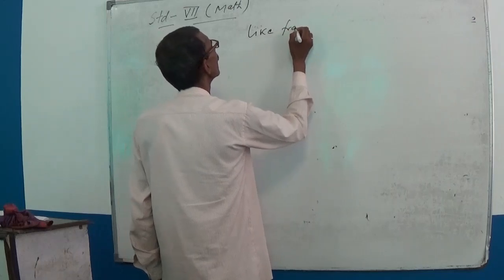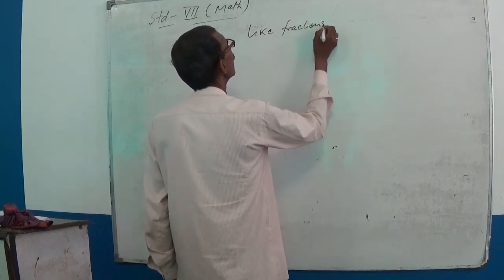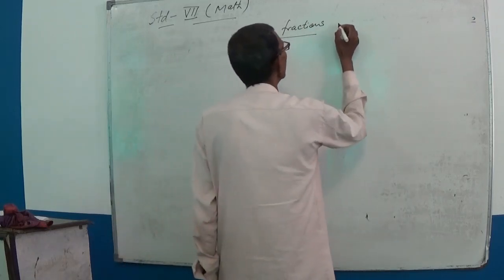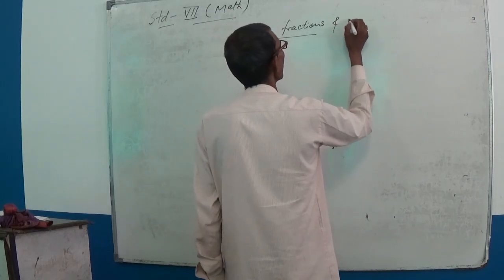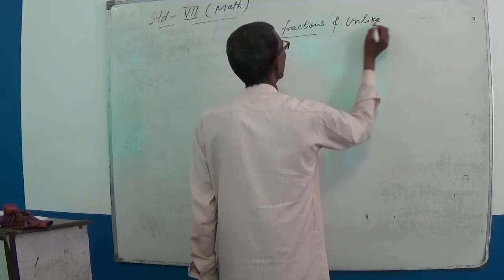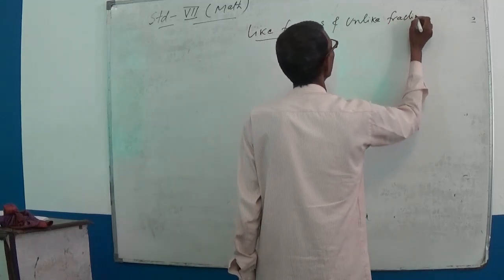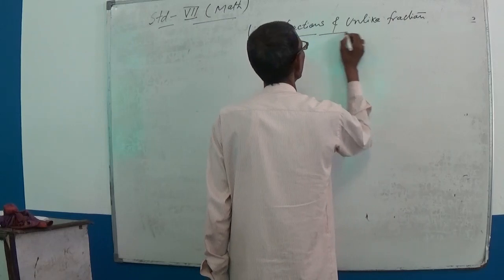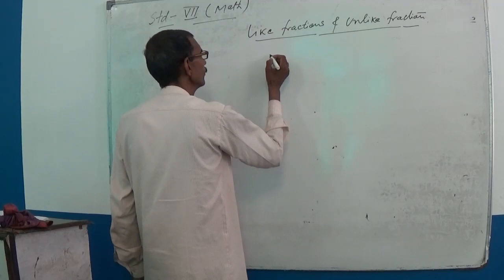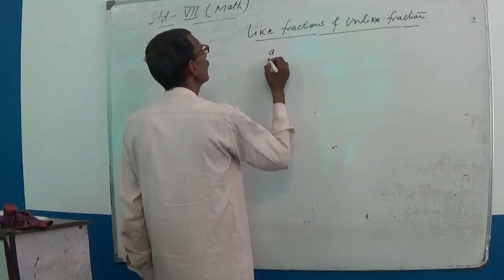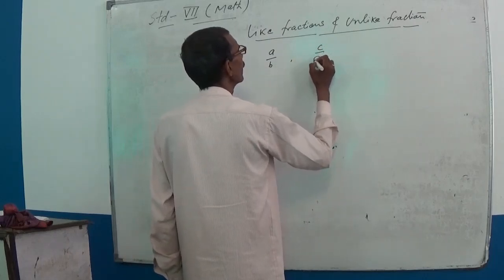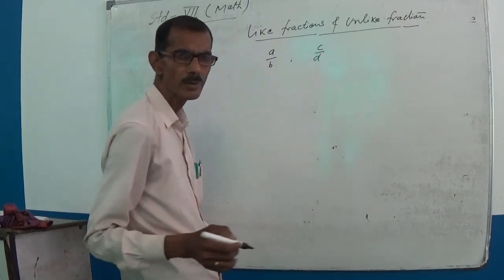Like fractions and unlike fractions. So suppose two fractions are given, A by B and another fraction C by D, where A, B, C, D are all natural numbers.